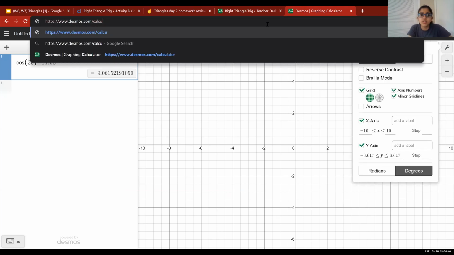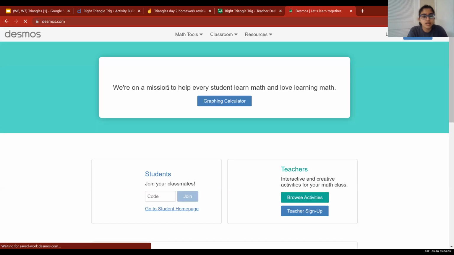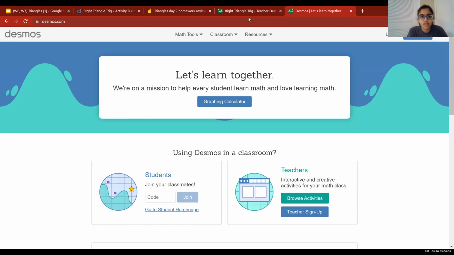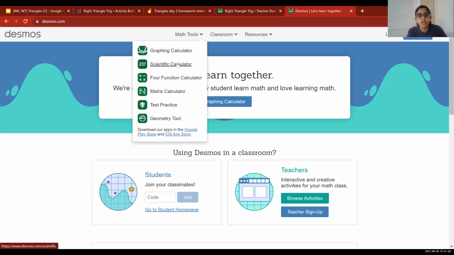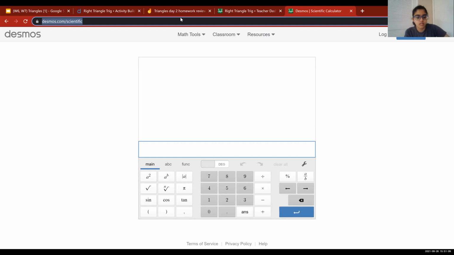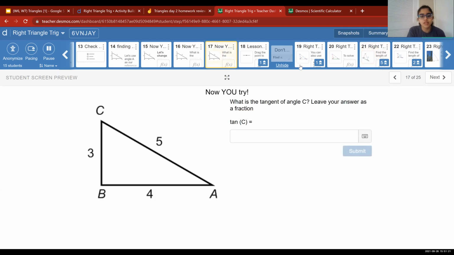However, it would probably be easier to use the actual calculator. Under resources, math tools, the scientific calculator would probably be easiest for this. I'm going to put the link in the chat so that everyone can access it easily, so you can do your math in there.